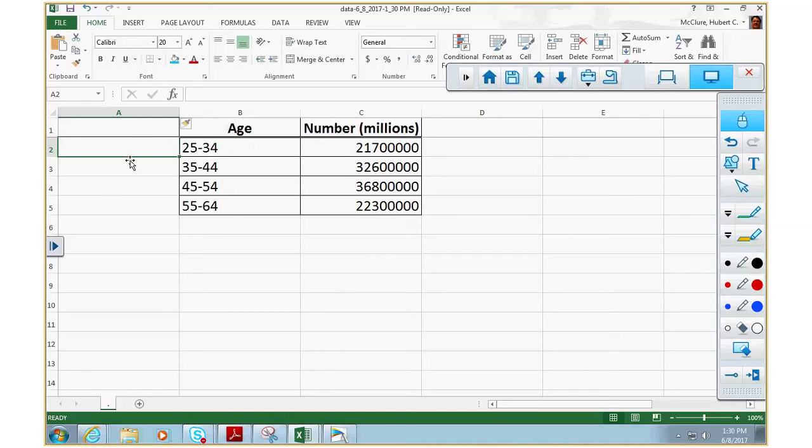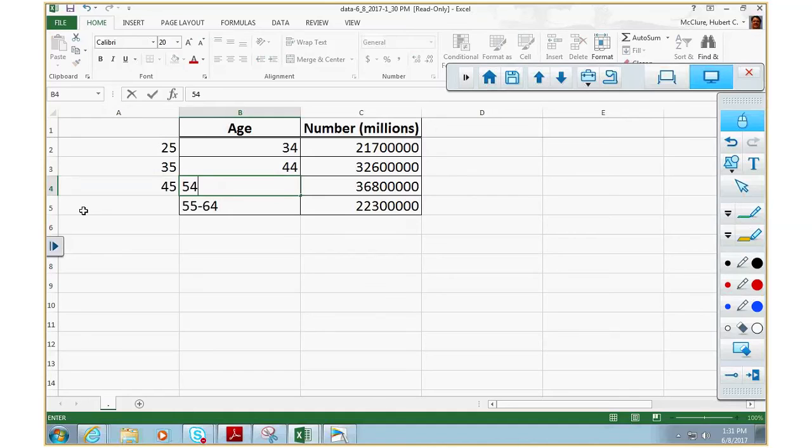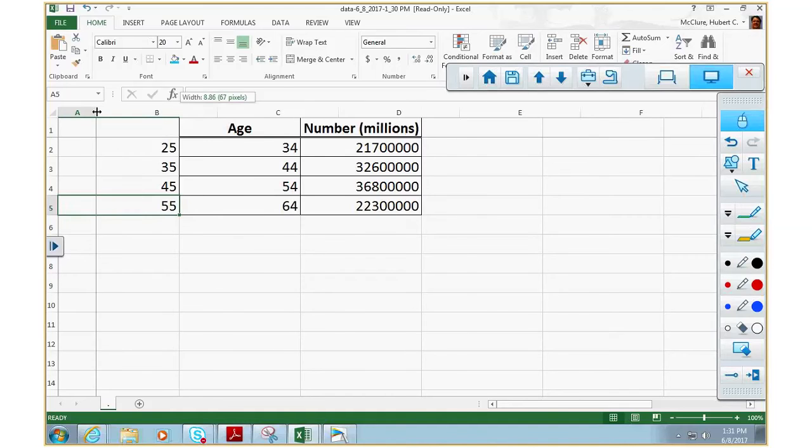I have to break it up into 25 and then put a 34 right here. Now, if you're an Excel person, you know why. So don't worry about it if you're not an Excel person. Just like you can't plug in your calculator 25 to 34 and get a midpoint. You have to type in 25 and then type in 34 separately. That's why I'm making an extra column. You're used to that because that's the way I did the other problems.